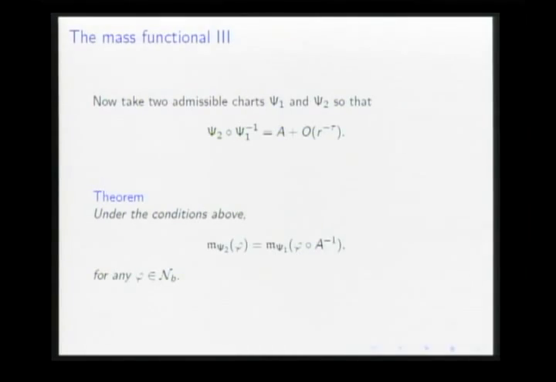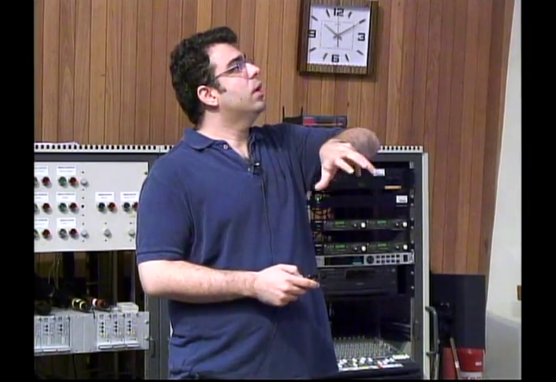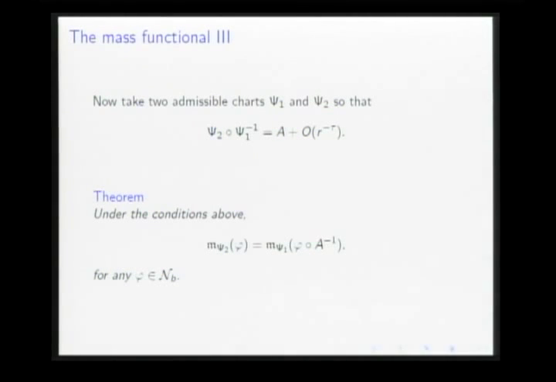So this is just saying what happens if you change the manifold using an isometry. The mass is going to change like that. This A is an isometry at infinity.